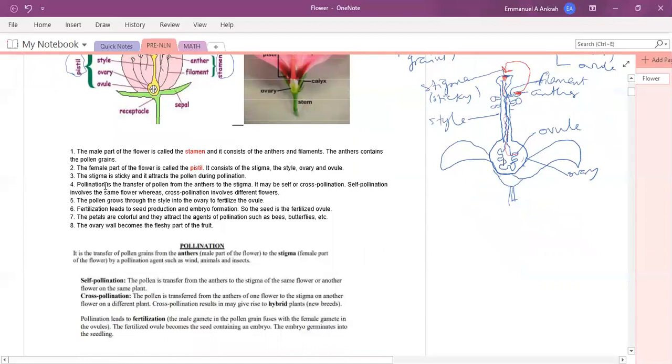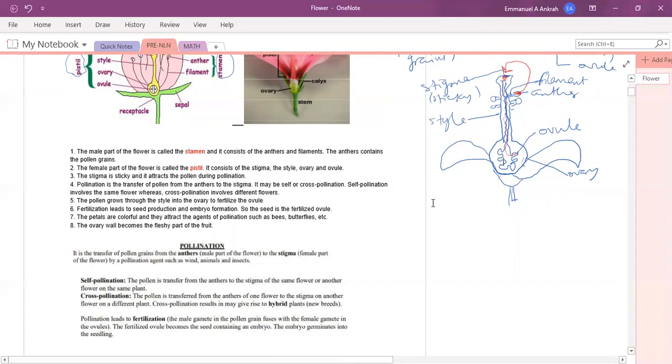All right. So we said that number 4, pollination is the transfer of pollen from anthers to a stigma. It may be self or cross pollination. Now, when we say self pollination, it involves the same flower. Like this one that I just discussed, from the anthers to the stigma, that would be self pollination, same flower.